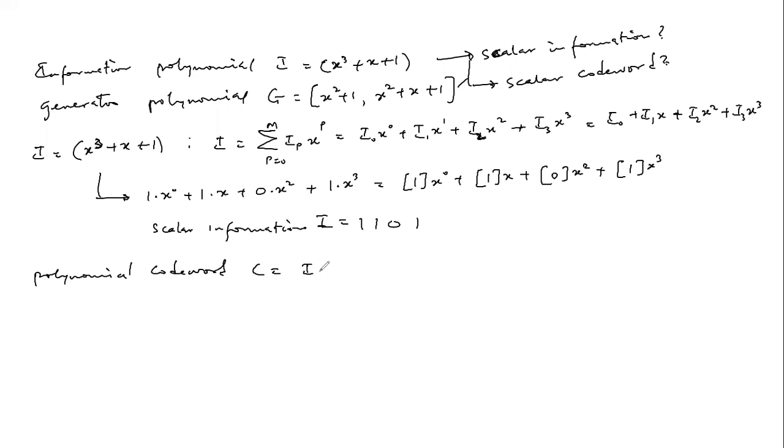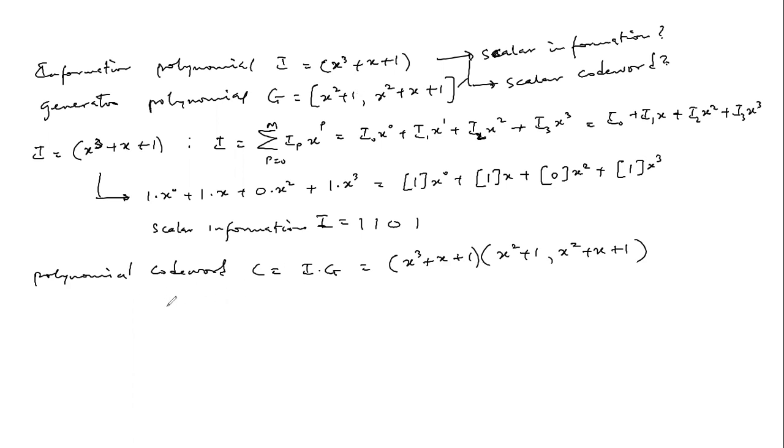C is given as I times G, and this is the same as x cubed plus x plus 1 into bracket x squared plus 1, comma, x squared plus x plus 1, right? This times this.